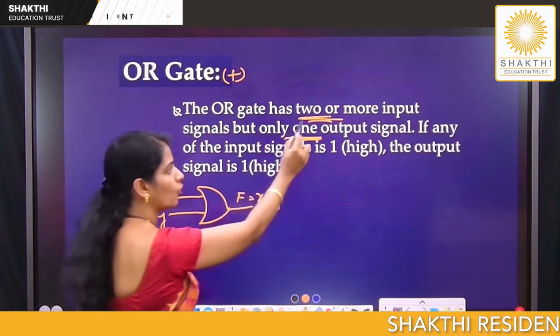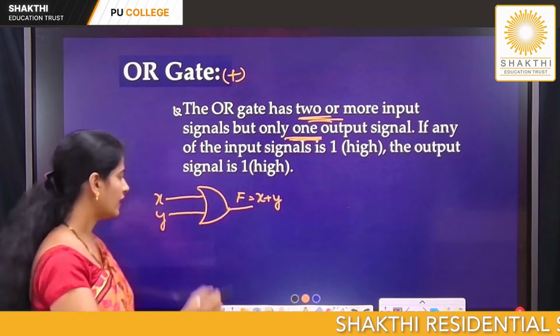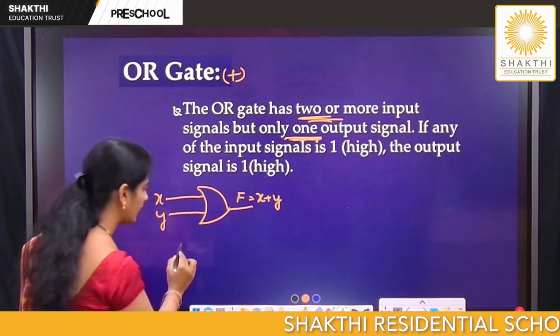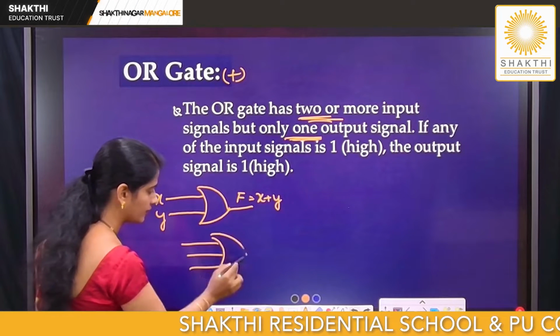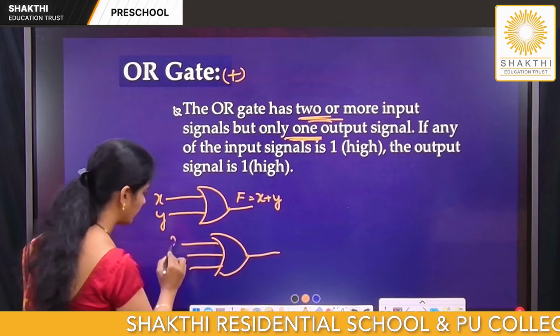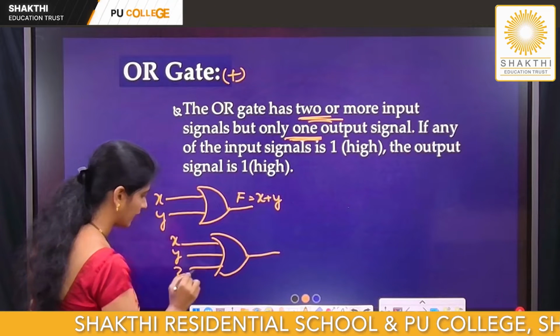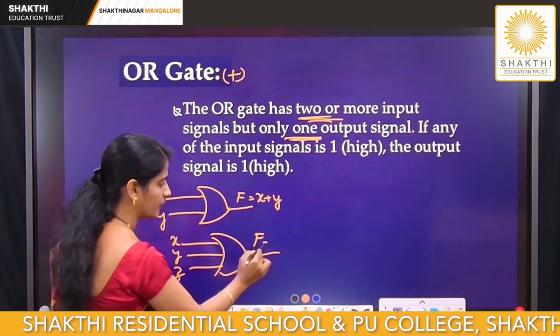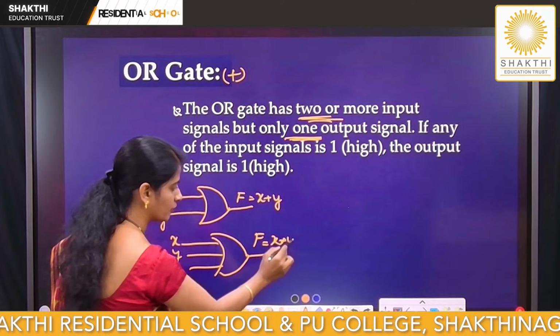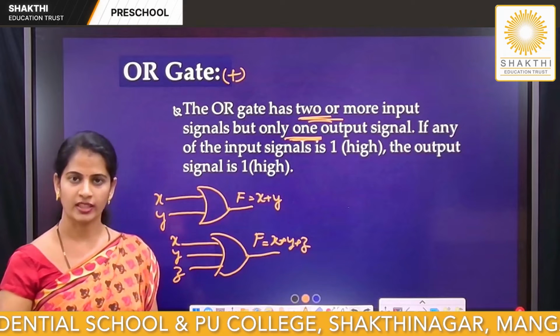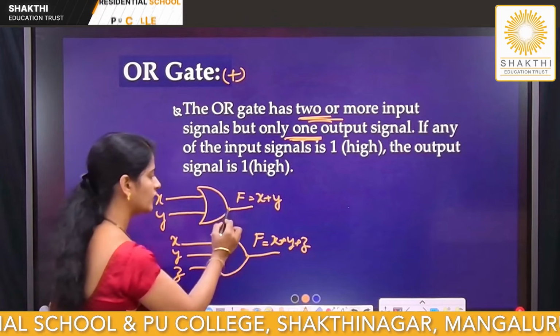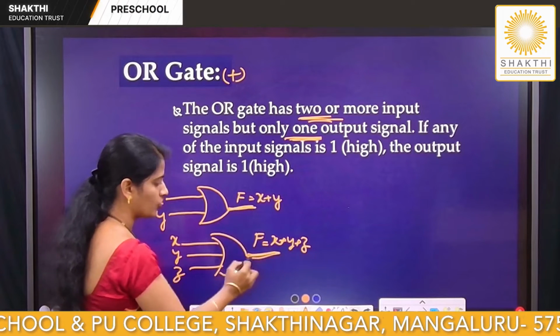So you have 2 or more input signals, and you can design a logic gate with 3 input signals. This is a 3 input OR gate which takes inputs X, Y and Z, and the output F can be written as X plus Y plus Z. So an OR gate can take more than 2 input signals and always produces a single output signal.